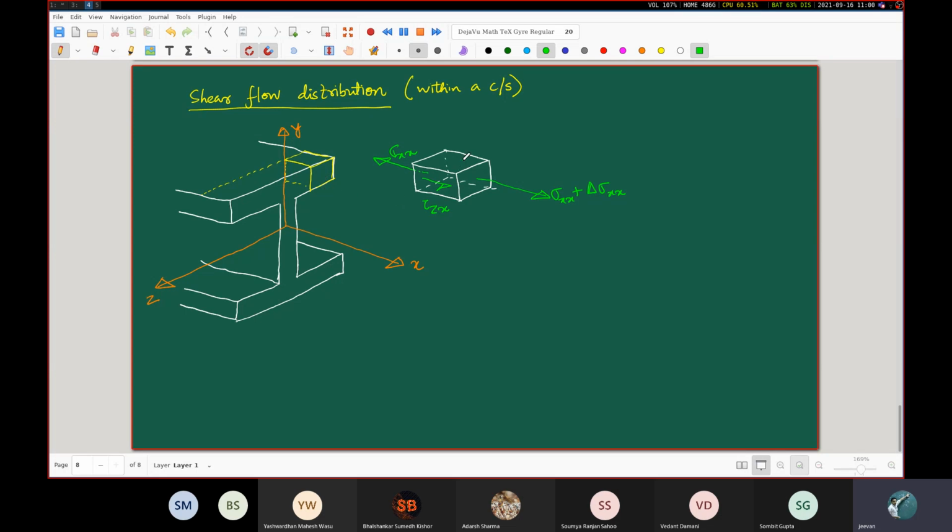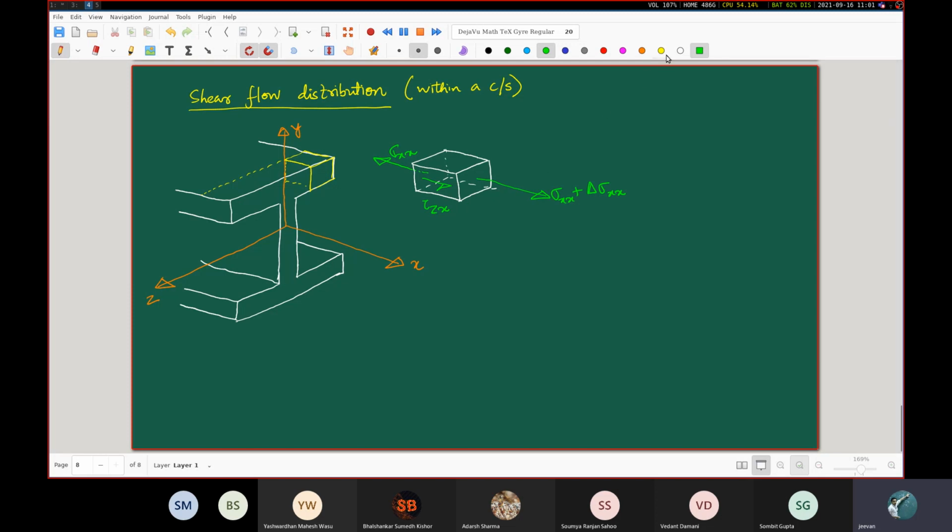The tau yx would have been present on this top face and on this bottom face, but those are actually free faces. Free faces means on that face there is no shearing force. On the bottom face also there is no shearing force. Those are completely free of shear, so there are no shear stress contributions from the top face and the bottom face. That is why we are not depicting those.